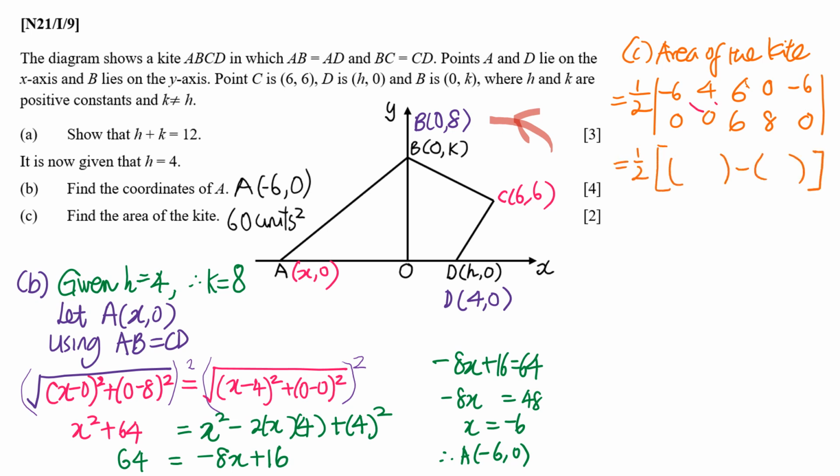The first bracket is negative 6 times 0 plus 4 times 6 plus 6 times 8 plus 0 times 0. That gives you 72. Minus the other direction, which is 0 times 4 plus 0 times 6 plus 6 times 0 plus 8 times negative 6. That gives you negative 48. Then you can simply use a calculator to work out the value to be 60 units squared.